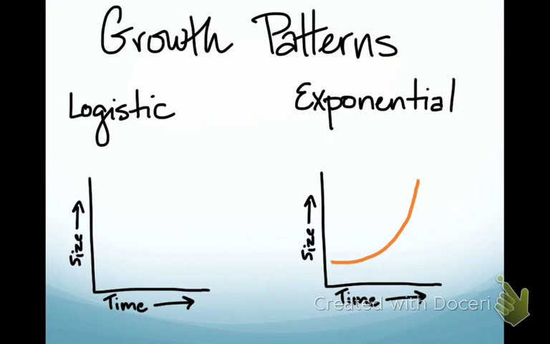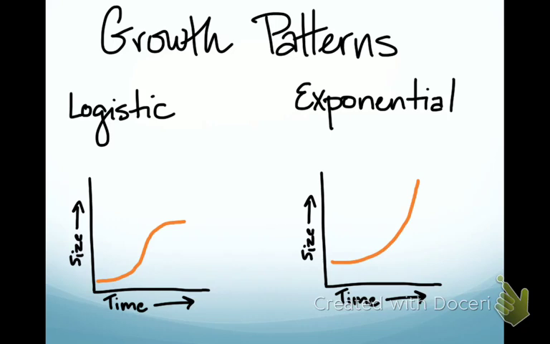All organisms can show this pattern at some point in their life history in a particular place, because it is hard to grow quickly when you don't have very many members in your population. But with logistic growth, what you see is first the exponential growth and then a sloping off.